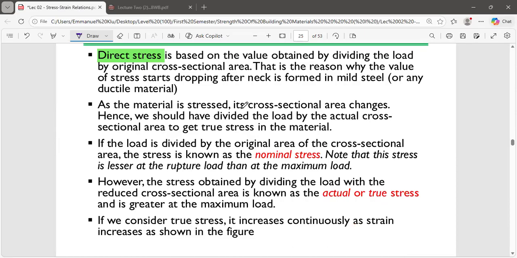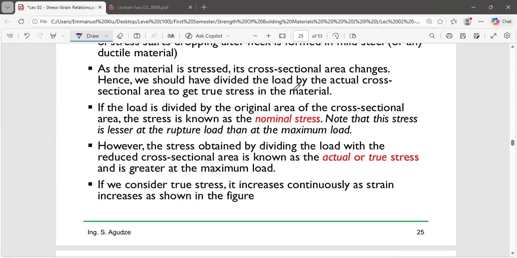As the material is stressed, its cross-sectional area changes. Hence, we should have divided the load by the actual cross-sectional area to get true stress in the material.